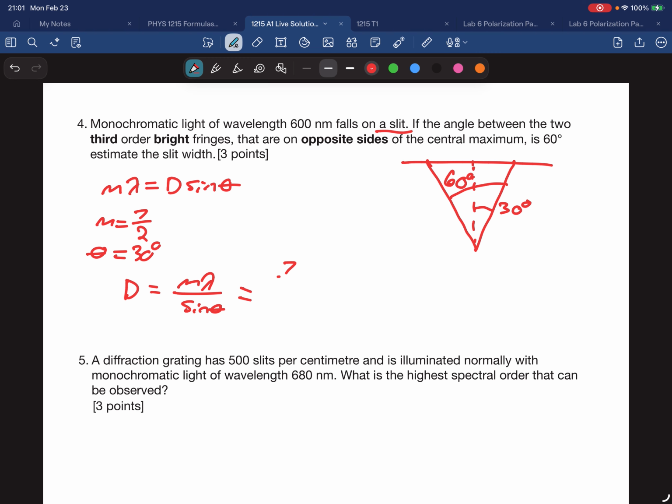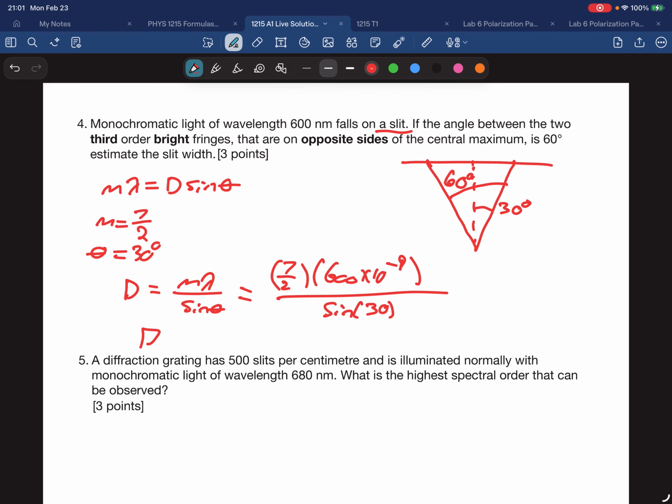Subbing in, I get my 7/2 for m. We have 600 nanometer times 10 to the negative 9. I'm going to convert this to meters for myself, over the sine of 30.